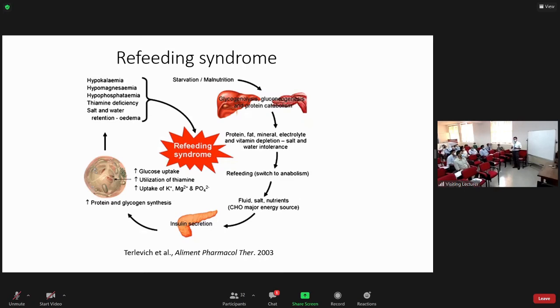So the mechanism is, when you are starving, your sodium potassium ATPase pump is not functioning. So as a result, the sodium in the intravascular compartment can go into cells without any disturbance, and potassium comes out from cells.